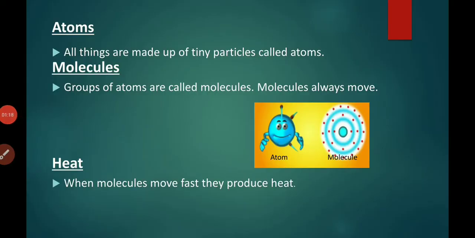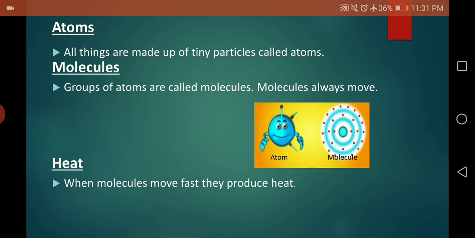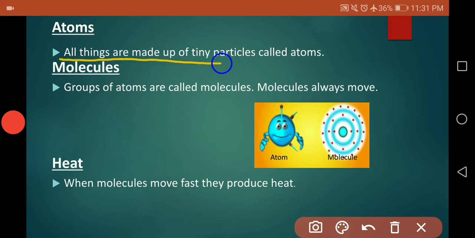As I told you before, heat is a form of energy. As atoms and molecules inside an object move, they create heat energy. What are atoms? All things are made up of tiny particles called atoms. Atoms are so small that they cannot be further divided.